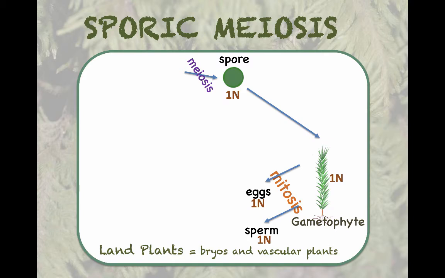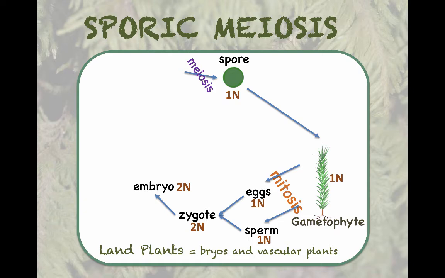And of course they're produced by mitosis, and so they're haploid. Mitosis, producing gametes. That blows many people's minds, okay? Remember that. That is really, really key and important. Now, again, the eggs and the sperm fuse to form the zygote, and of course, that's going to be diploid. And that zygote in the land plants produces an embryo.